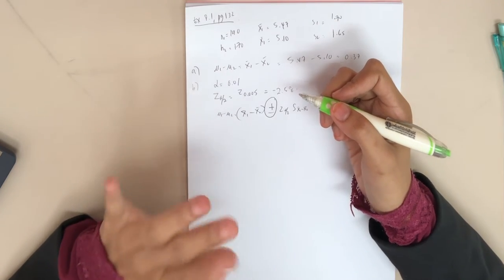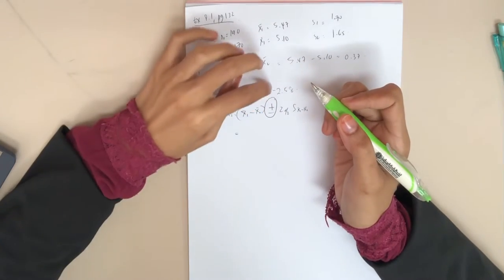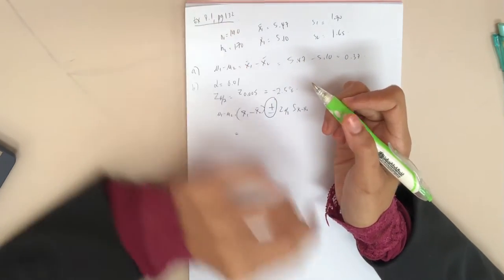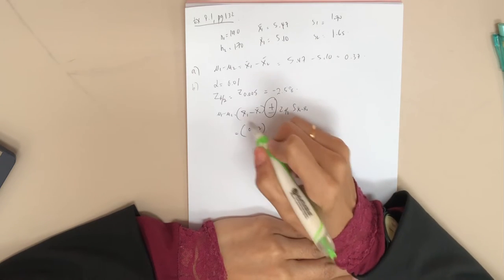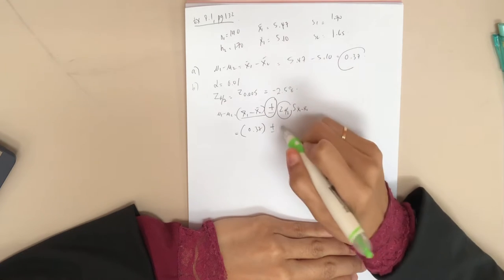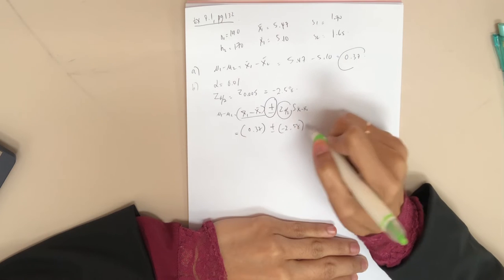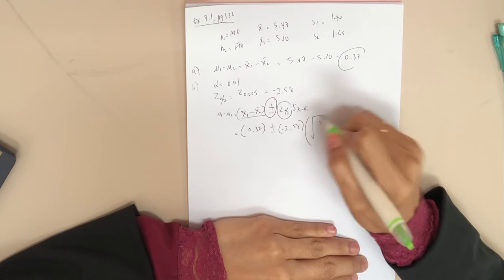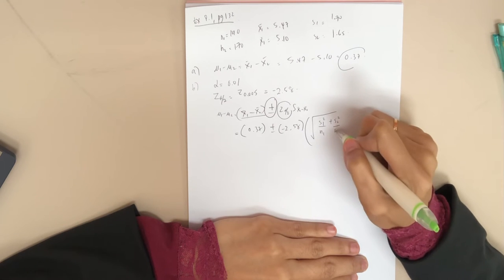Okay, if you don't believe, let's redo it for negative. So it's 0.37, which you already calculated here, and then plus minus this one from the table. I take the negative, negative 2.58, and then the square root of s1 squared over n1 plus s2 squared over n2.